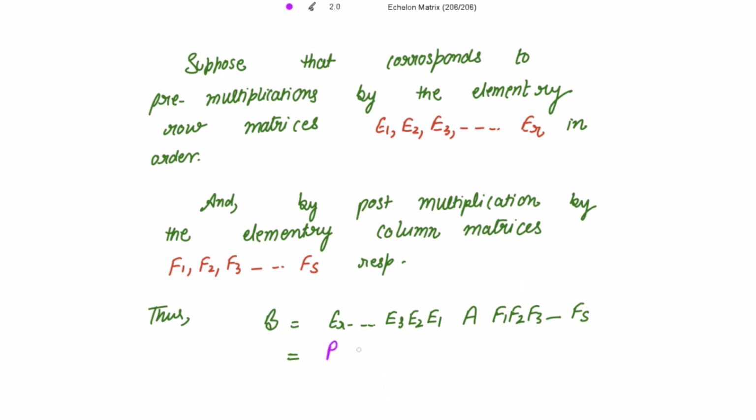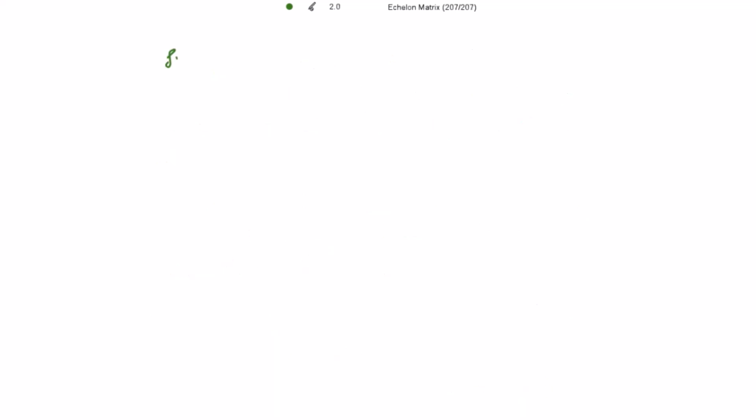So writing this as P, A and this as Q, where P is a product of Er up to E3, E2, E1. This is a product of all these matrices, and Q is a product of F1, F2 up to Fs. Since all these Ei and Fj are non-singular, as these are elementary matrices, P and Q are non-singular.